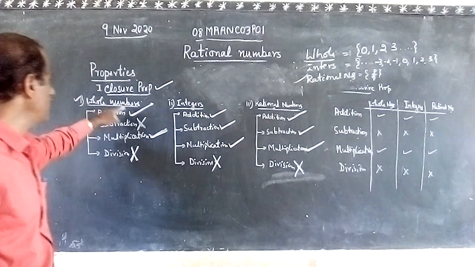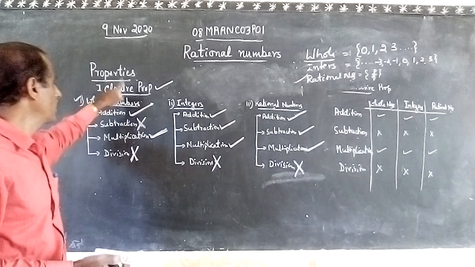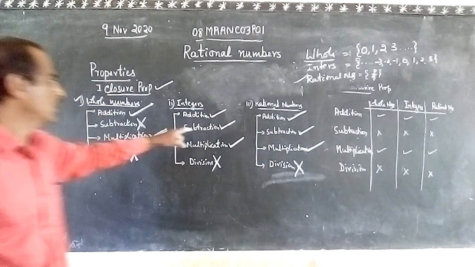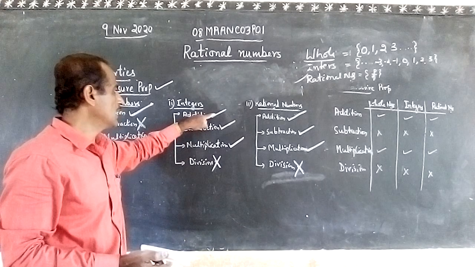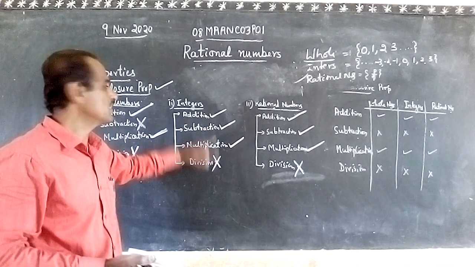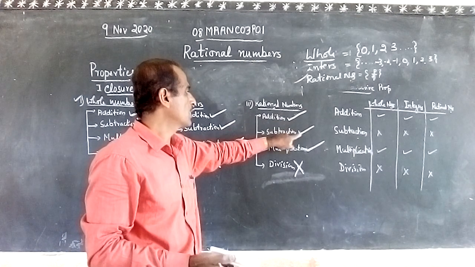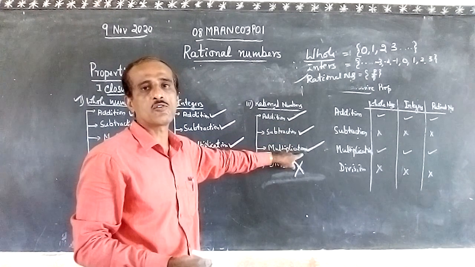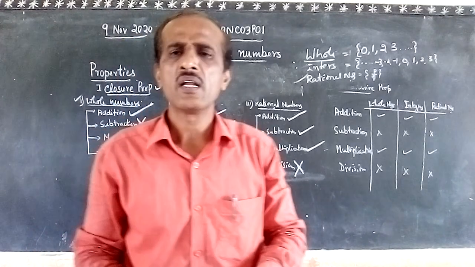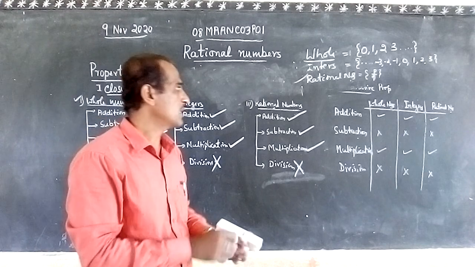For whole numbers, addition and multiplication are closed; subtraction and division are not closed. For integers, addition, subtraction and multiplication are closed; division is not closed. For rational numbers, addition, subtraction and multiplication are closed, but division is not closed. This is about closure properties of rational numbers.